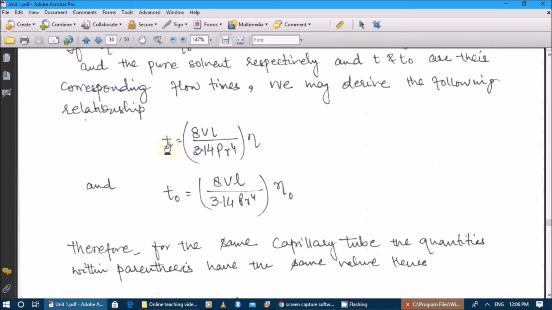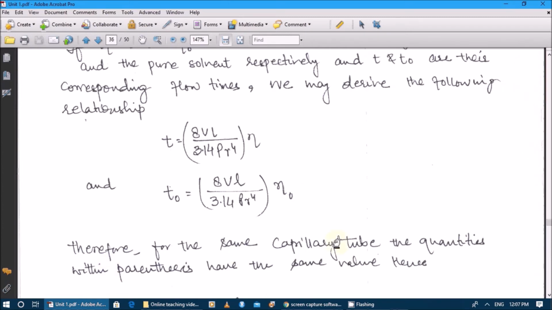Here T, which is the flow time for the solution, is given as 8VL over 3.14 P R to the power 4 times eta, where eta is the viscosity of the solution, and T naught is given as 8VL over 3.14 P R to the power 4 eta naught, where eta naught is the absolute viscosity of the pure solvent.